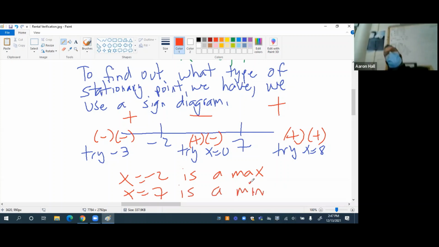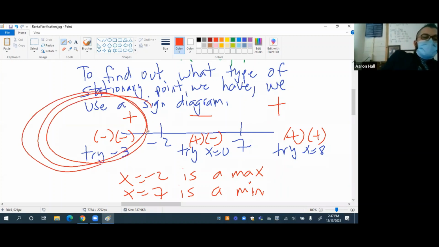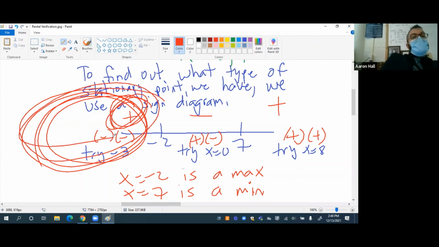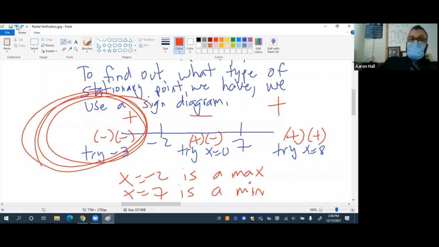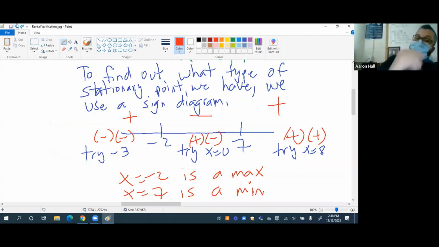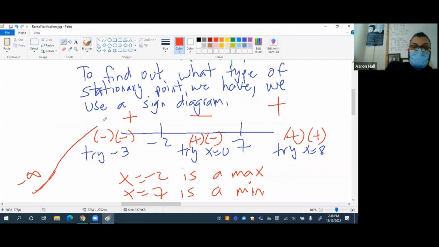Can we find out what kind of max and mins? Are these local or global? When does the slope stop being positive for this interval over here? It doesn't. It's always positive, all the way to -infinity. So we have a graph from -infinity that is positive up to this maximum point here.